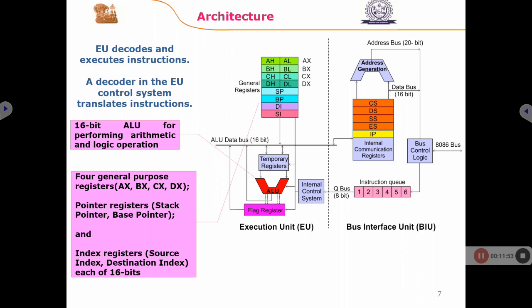A microprocessor is simply a CPU. There are no timers and no memory available in the microprocessor.